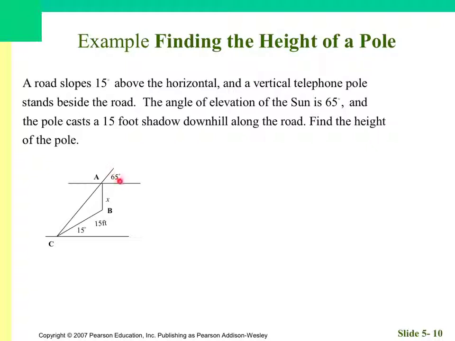So if this angle is 65 degrees, that means this angle is 65. So I can get that angle C is 65 minus 15. So it's 50 degrees. So I know that's 50 degrees.